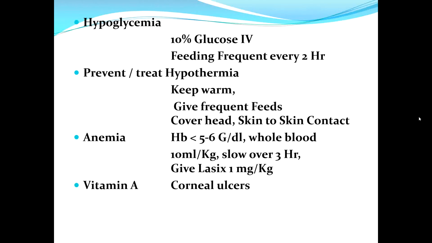We give them vitamin A in large doses up to 100,000 to 200,000 units stat. It will help prevent corneal ulceration and loss of vision. The dose varies, and usually 2 doses are given on day 1 and day 2.